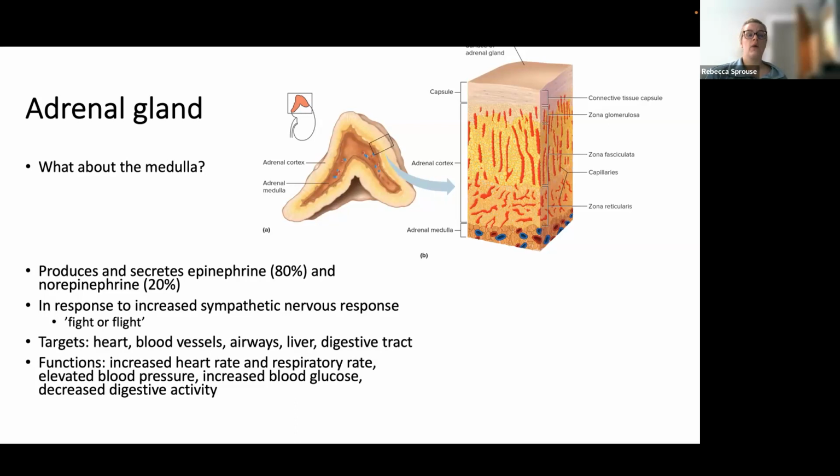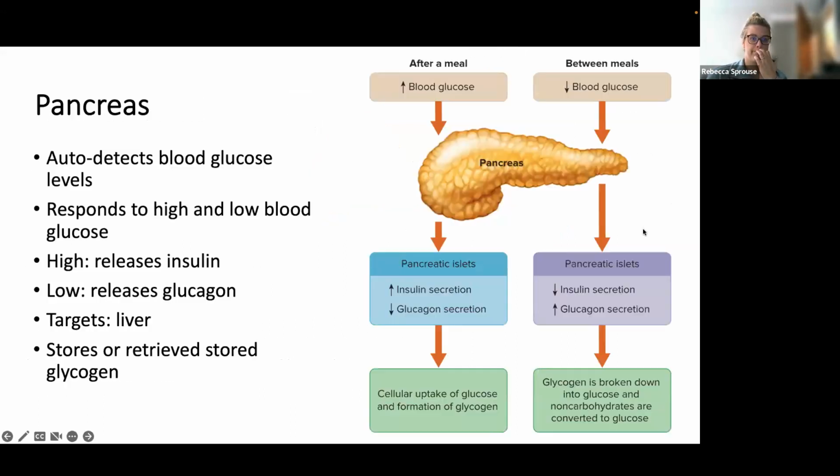So when our sympathetic nervous system is stimulated, it comes down and stimulates the medulla and tells it to release epinephrine and norepinephrine, and that induces that fight or flight response. Okay, increasing the cardiovascular vitals, but decreasing anything that we don't need to be putting energy towards right now, which would be like digestion and urination.